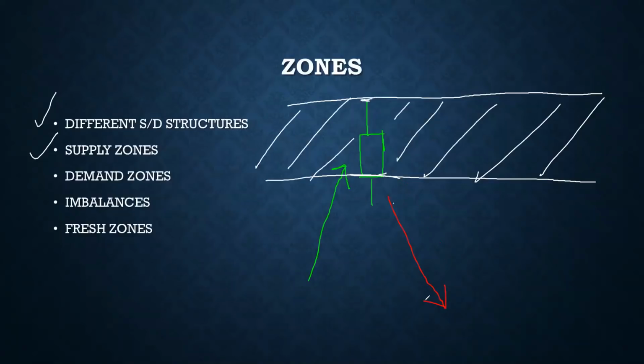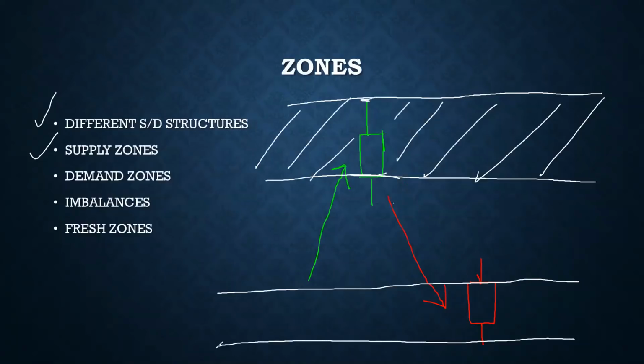And now we form a zone here. In this zone, we'll use this candle, the wick on the bottom side of the candle, and this candle open. So this will be our zone.